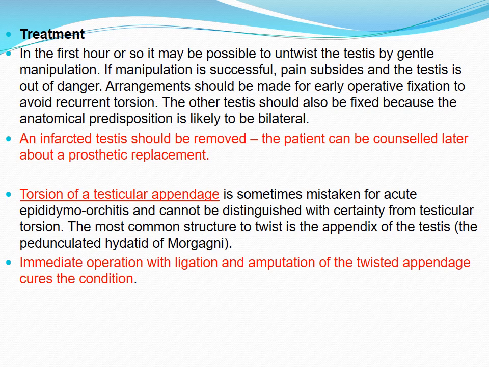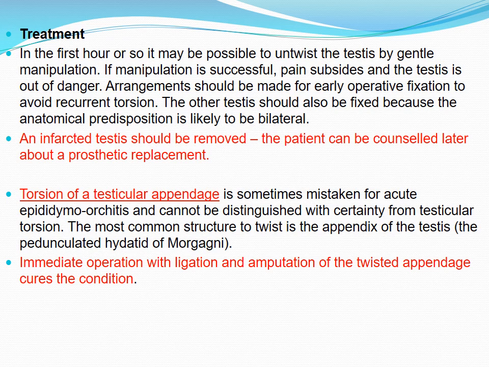So for every patient presenting with unilateral testicular torsion, when we do orchiopexy, I mean surgical intervention, we do orchiopexy for the other testis to avoid testicular torsion in the future. If the patient presents late and there is an infarcted testis, I mean damaged, gangrenous, the testis should be removed and the patient counselled later on about prosthetic replacement for psychological reasons.